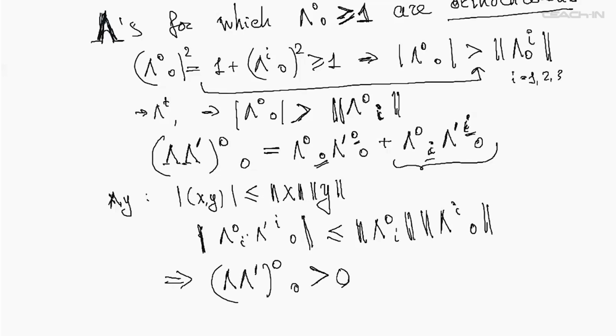So in other words, if we have two orthochronous transformations, then the product of these two orthochronous transformations is also an orthochronous transformation, which means that orthochronous transformations by themselves form a group. You can also show that the inverse of an orthochronous transformation is an orthochronous transformation.